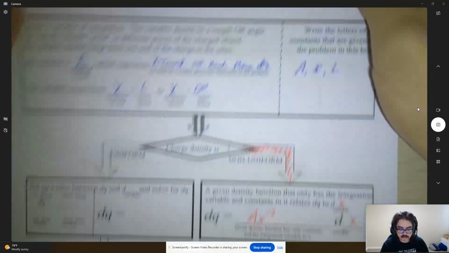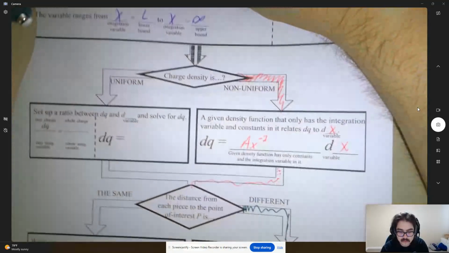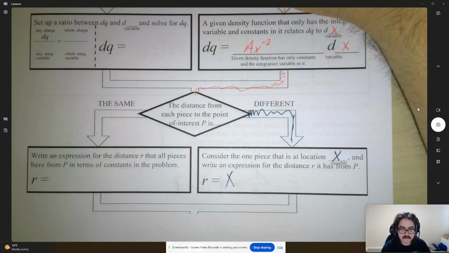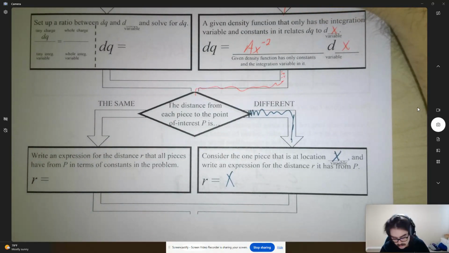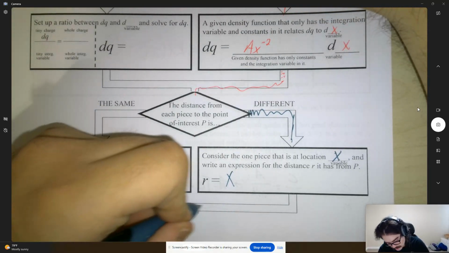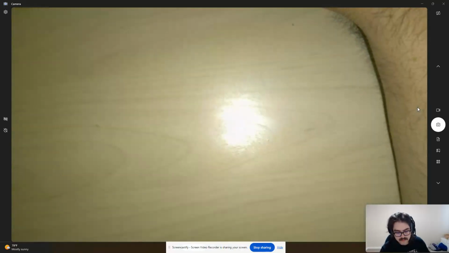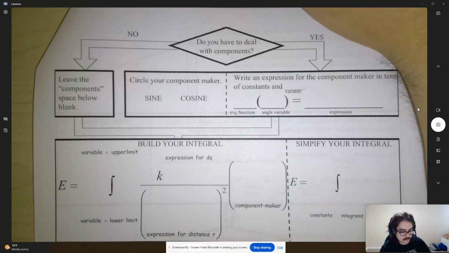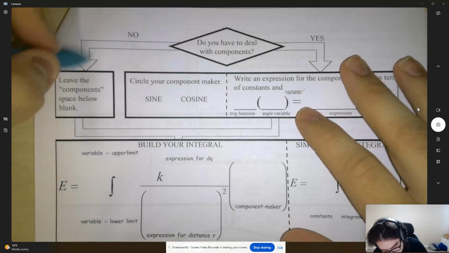That's the easiest way to do it. Then I would continue along the path. Do I have to deal with components? Thankfully, no components here.